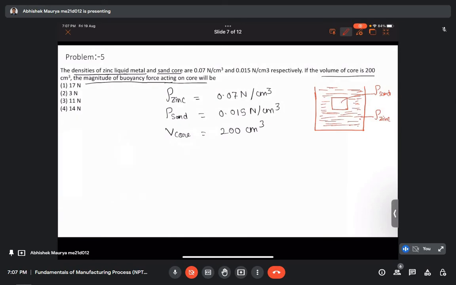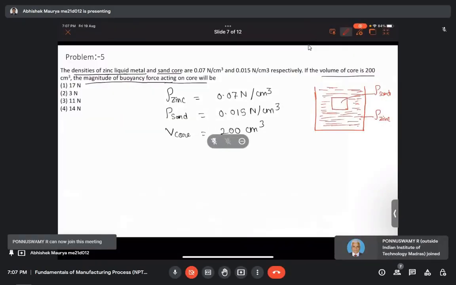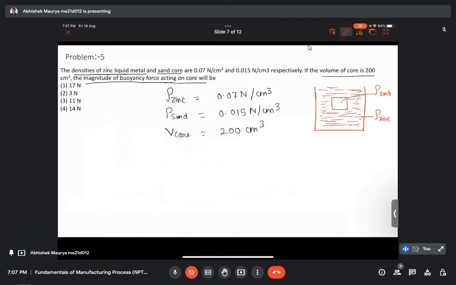What happens is, every fluid has a tendency to apply a force which is equal to the weight of the fluid which is being removed.